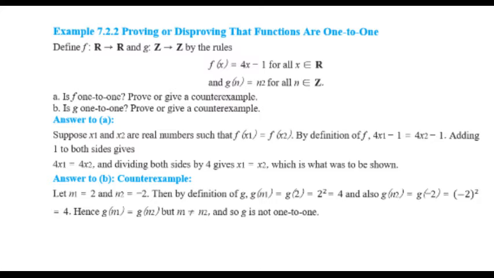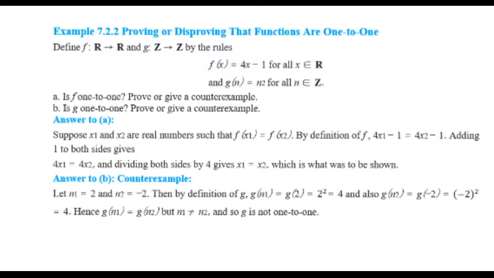Now let's disprove the second part. The second part says, is G one-to-one? I'm going to show you that G of n is not a one-to-one function. G of n is n square. In order to disprove that a function is one-to-one, we need to give a counterexample.